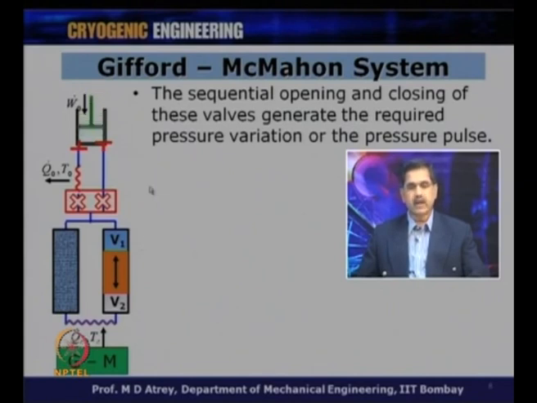Do you want to go straight up, stay for some time, come down to low pressure, stay for some time? In short, you can have something very close to a trapezoidal wave, and everything depends on the design of this rotary valve. Therefore, this rotary valve plays a very important role. Normally in a GM cooler, you will not have a sinusoidal variation of the pressure pulse, but you will possibly have a kind of trapezoidal wave.